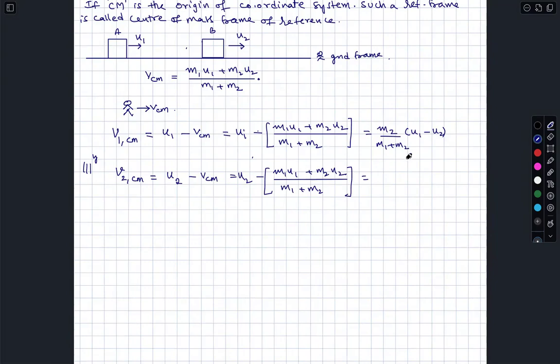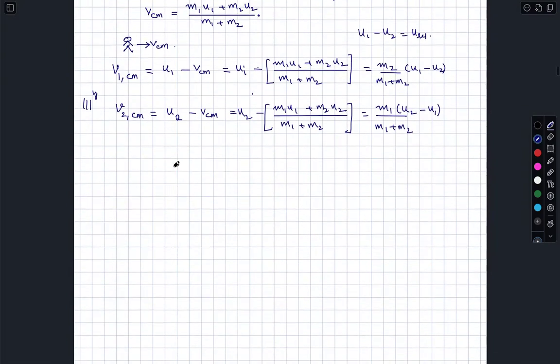Here the u2 terms get cancelled and this is m1 by m1 plus m2 times (u2 minus u1).